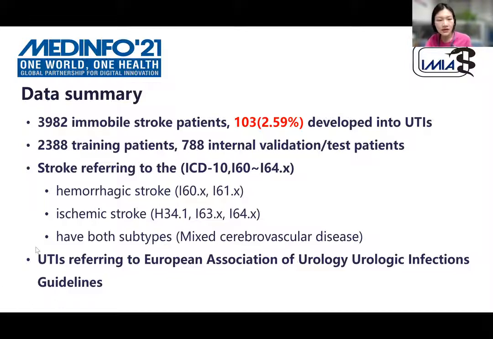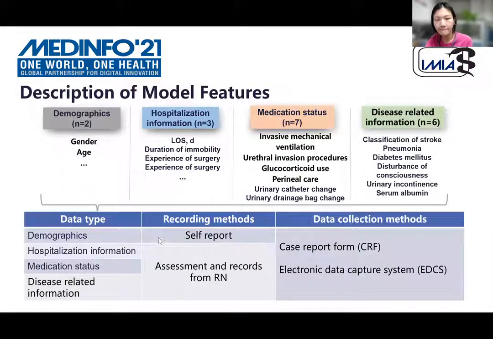And in this study, UTIs were defined according to the European Association of Urology guidelines. A total of 18 features were included based on clinical knowledge and previous work. The extracted features cover demographics, hospitalization information, medication status, and disease-related information.